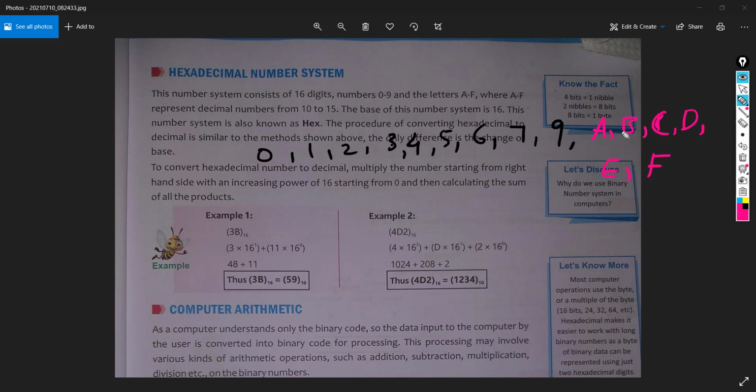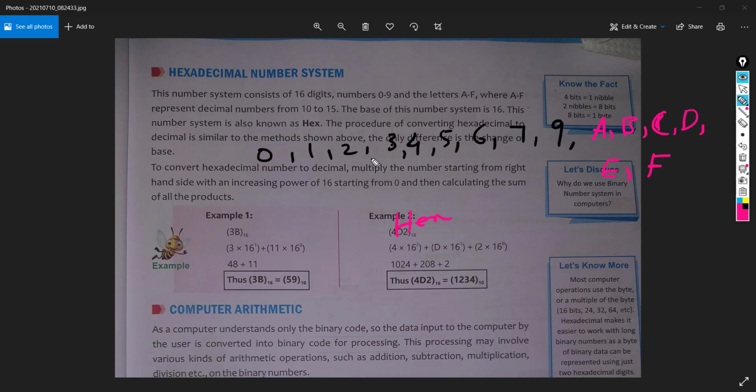This number system is also known as hex, simply HEX. Total how many digits are there? Counting 1 up to 15, including F, that is 15 symbols plus the digit 0, which is why its base is 16.